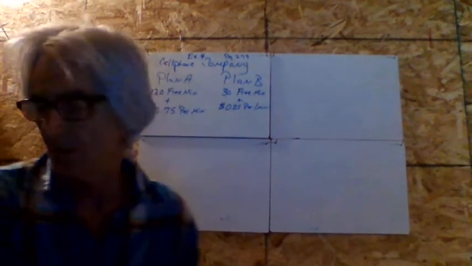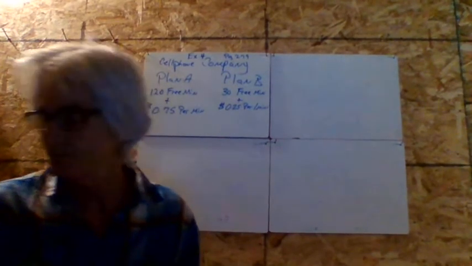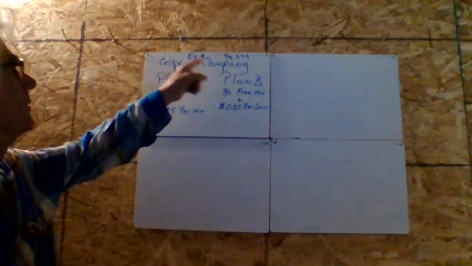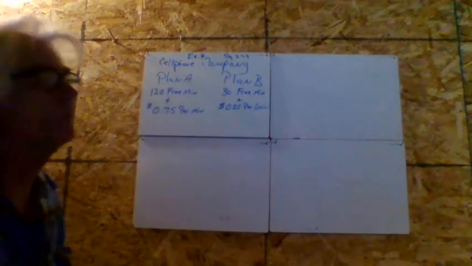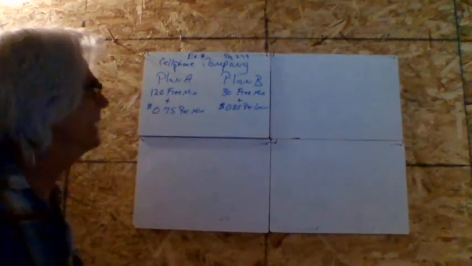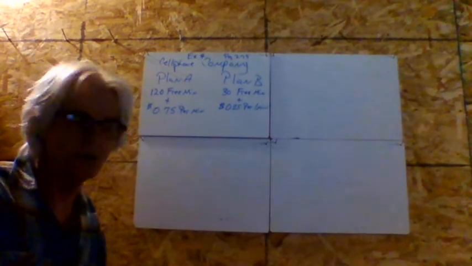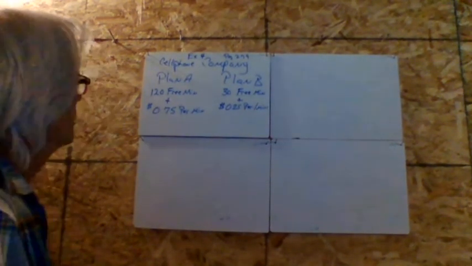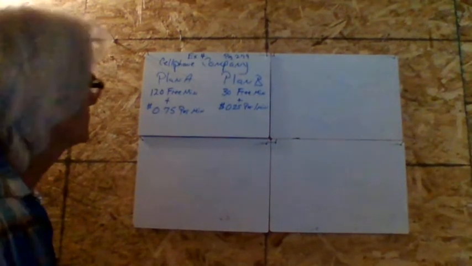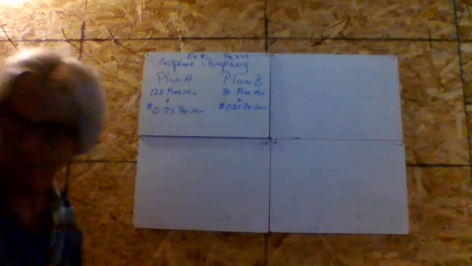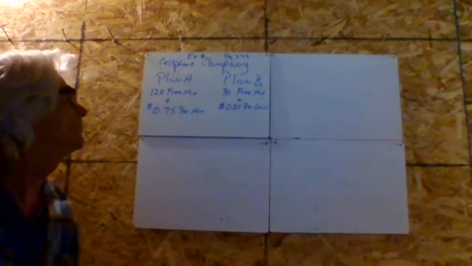I'm going to pick up on example 4, page 279 from the textbook. This is that example that I showed you earlier. It's a cell phone company that offers two different plans.